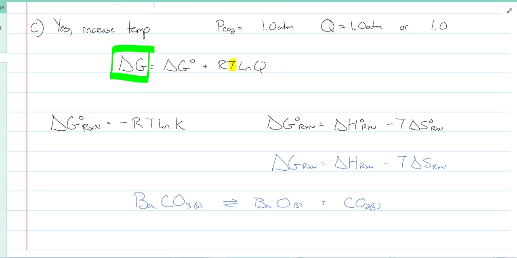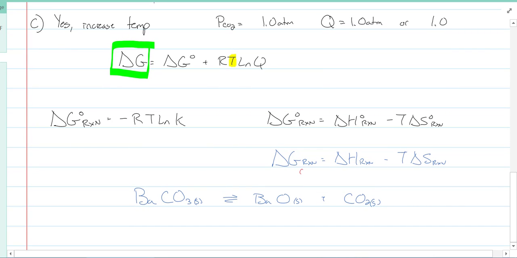So delta G for the reaction is going to be 0. Why can't I just make this 0 and solve? That's a good question. Because the natural log of 1 is 0, so 0 times T times R is going to be 0. Doesn't matter what T is. We can't solve it that way. So we'll solve it this way.